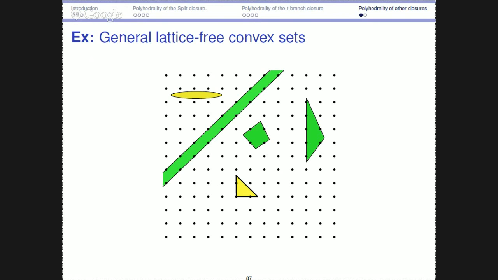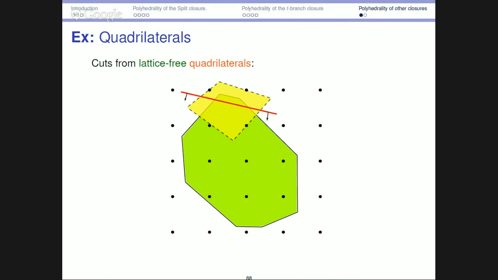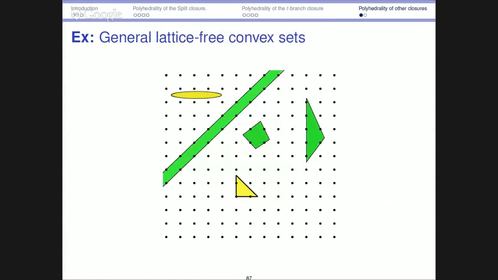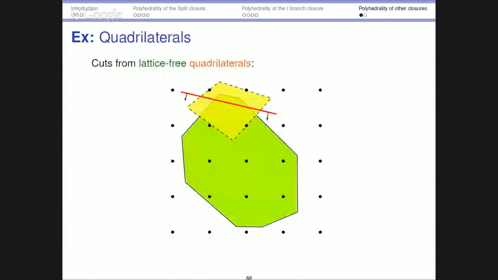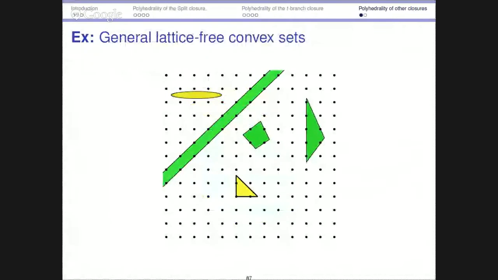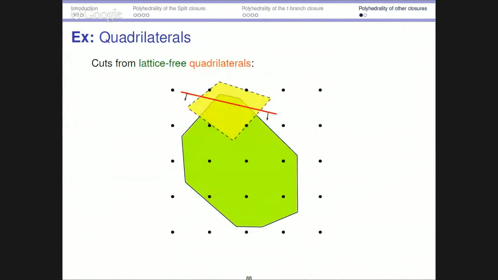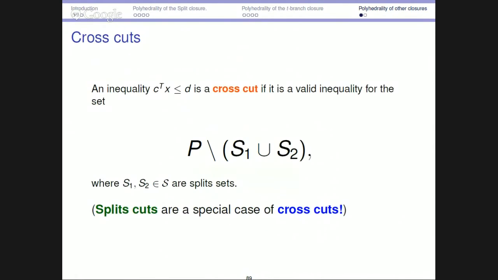This doesn't have any integral point in the interior. So in order to compute, for instance, quadrilateral cuts, you remove from P this quadrilateral, and you compute the cut. So this may give you better cuts than the split cuts. But the trade-off is that split sets are very easy, because they're defined by just 2 parallel hyperplanes, and these quadrilaterals may be more difficult. But they are also useful.